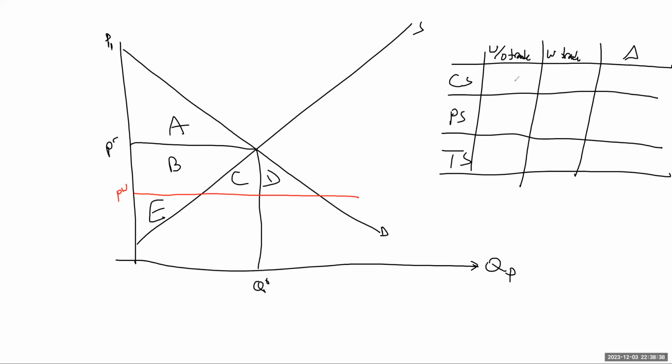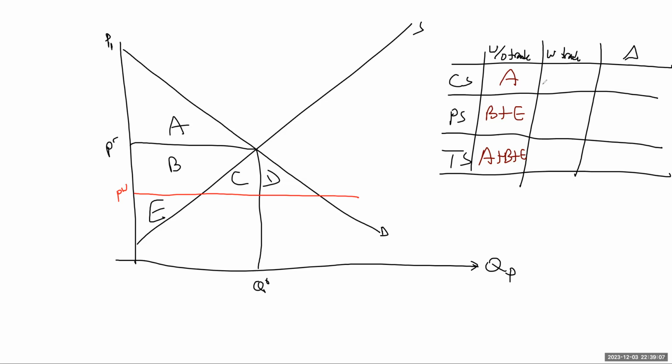Consumer surplus without trade is just A. Demand, price that they are charged, or they pay. Producer surplus is B plus E. Here's the supply curve. It's a triangle that's created by that. A plus B plus E is total surplus.